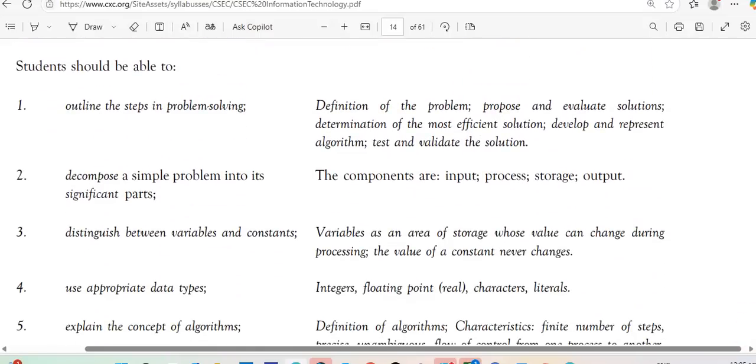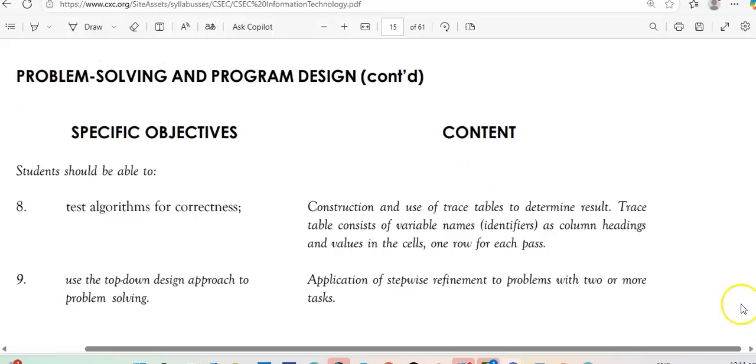Decompose a simple problem into its significant parts. So the components are input, process, storage, and output. Guess you have to consult your textbook for this. Test algorithms for correctness. So ensure that you know how to construct and trace tables to determine results.